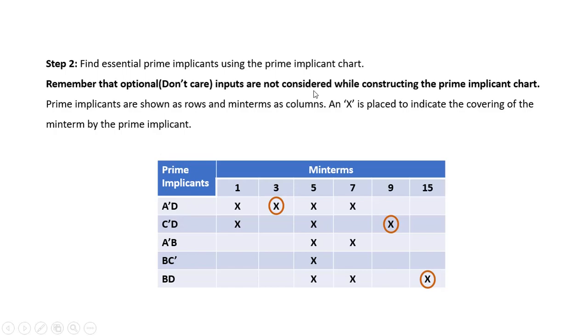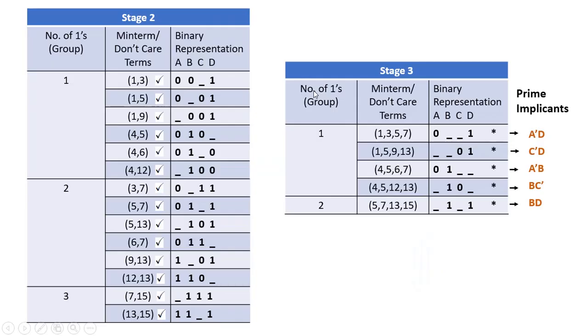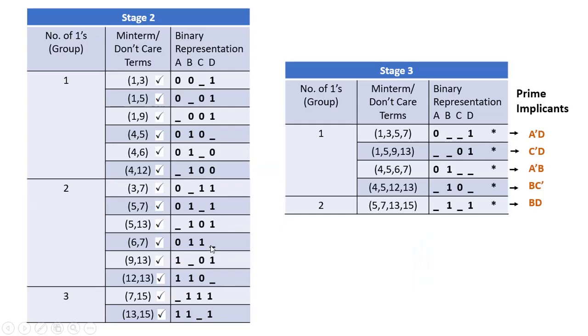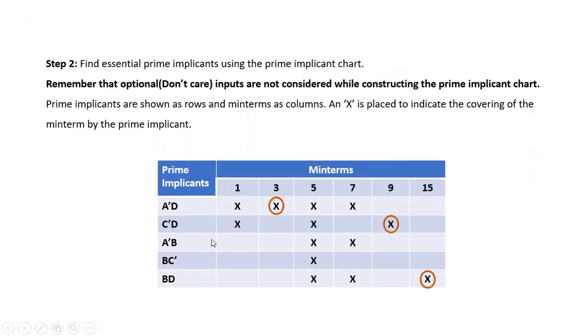So A bar D is covering minterms 1 3 5 7. Similarly, C bar D is covering 1, 5, 9, 13, and 13 was a don't care term, so we will neglect that.